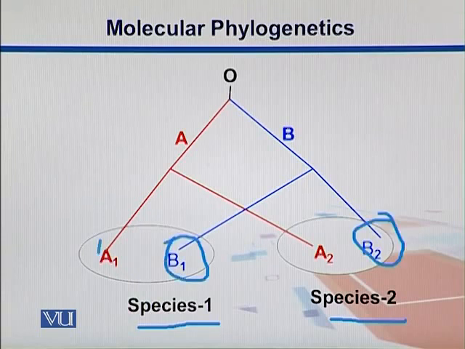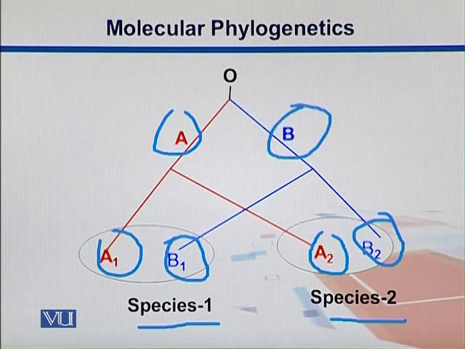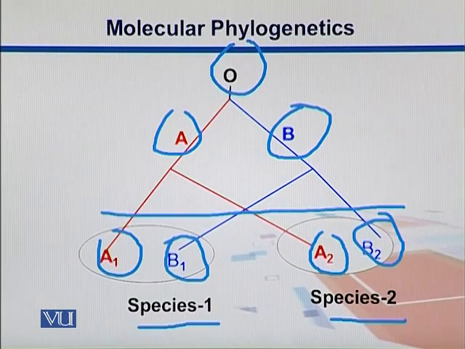Same way A1 and A2 are clustered together, and we believe they have a common ancestor A, whereas B2 and B1 might have a common ancestor B, and before that we take both these A and B and they were actually coming from some original gene O. So if we look into A1 B1 A2 B2, all these are homologs with one another.